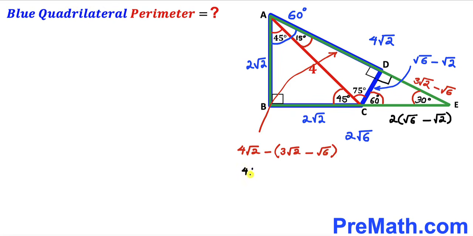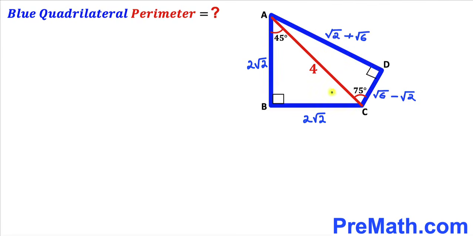We can write 4 times the square root of 2 minus 3 times the square root of 2. Negative and negative is going to give us positive square root of 6. Let's combine the like terms. So that is going to give us the square root of 2 plus the square root of 6. So thus this AD side length simply turns out to be the square root of 2 plus the square root of 6. So thus we finally figured out this side length and this side length as well.